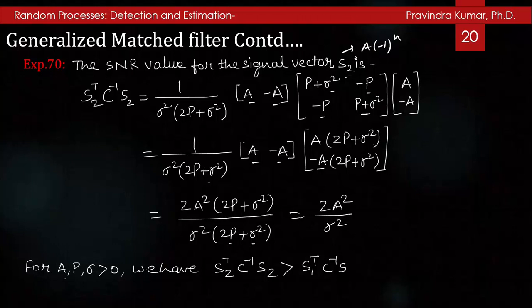So you have seen that for A, P, sigma greater than 0, S2 transpose C inverse S2 will be greater than S1 transpose C inverse S1. So in this case, the second signal, the S2 signal, has the higher SNR.